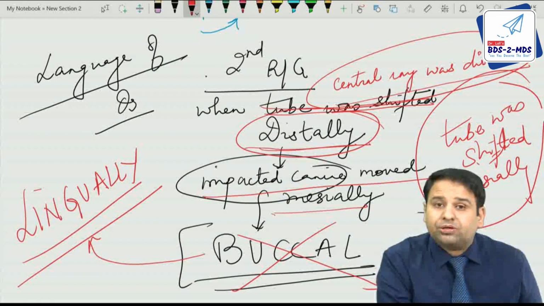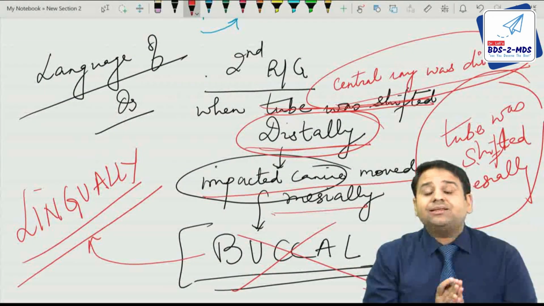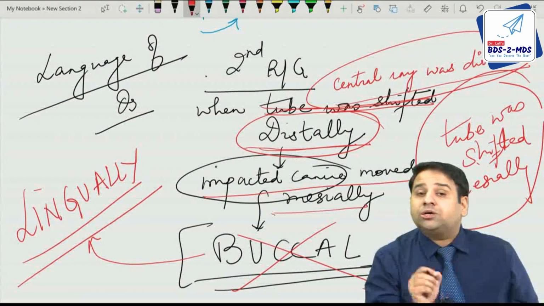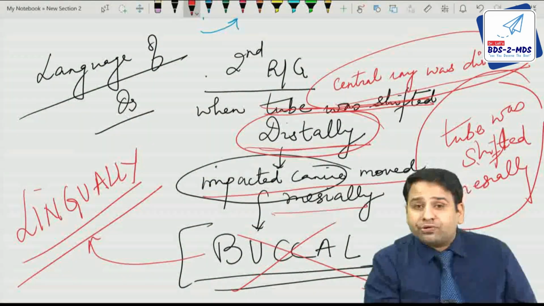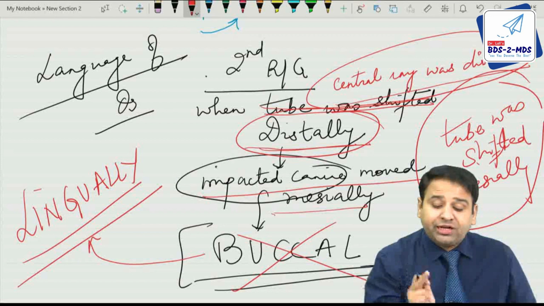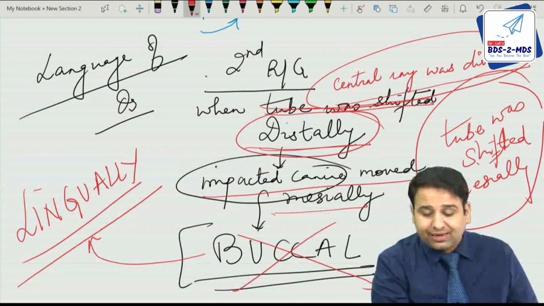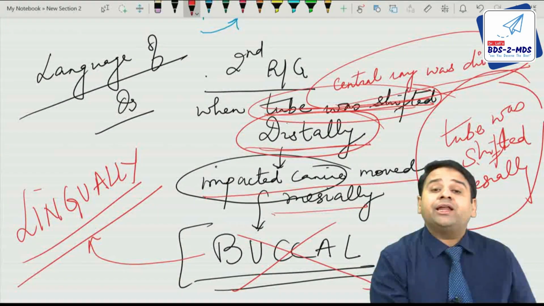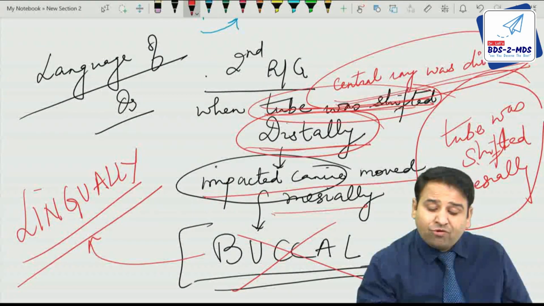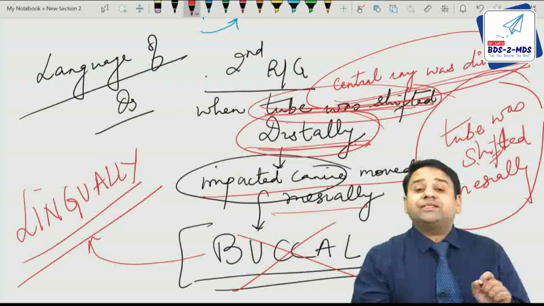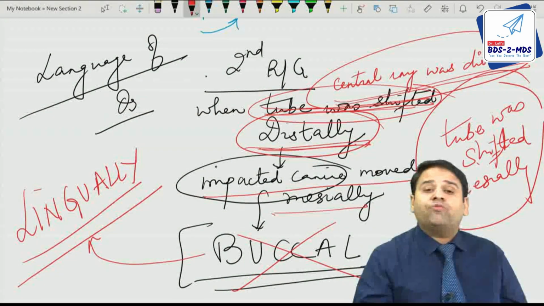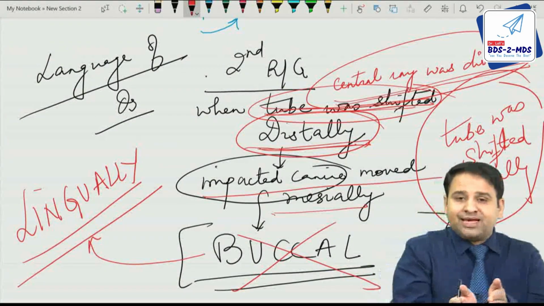Now this is very important. So do understand the language of the question, right? The object should move in or opposite the direction of tube shift, right? They are not using the words tube was shifted here. They are using the term central ray was directed distally. If the central ray is directed distally, that means the tube was shifted mesially.